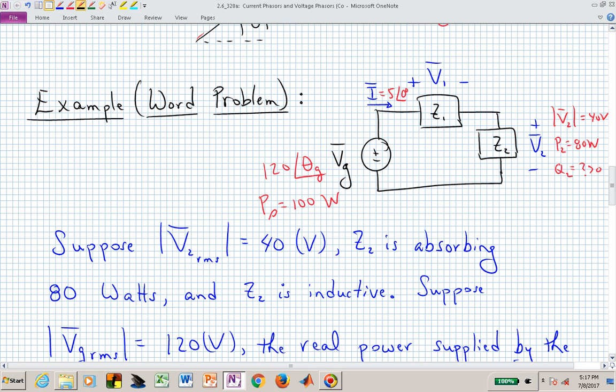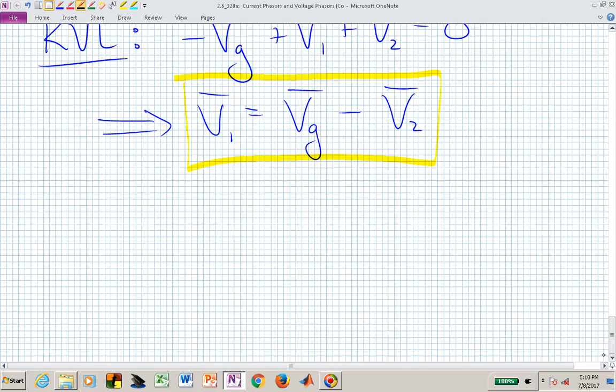So now I have a little bit better understanding maybe of what I have. I have the real power and I have the apparent power. And oh, if I remember my formula for real power, that actually gives me the power factor of load number 2. And once I have the power factor, it is related to the voltage and the current angles. And I already know the current angle. So that's going to allow me to obtain the angle of my voltage for load number 2.